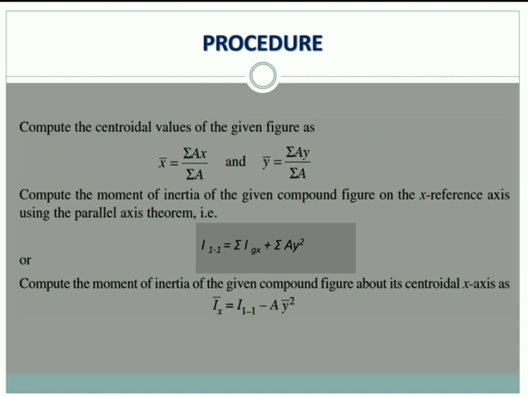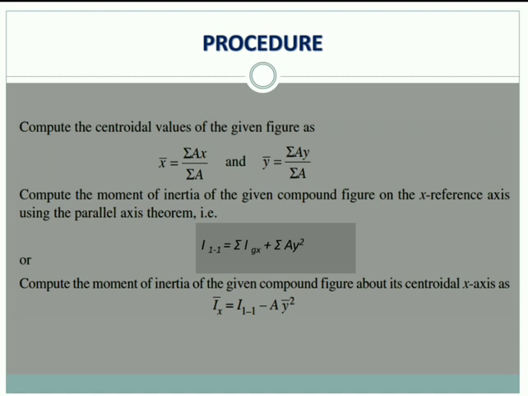So now from this you should be able to write the equation for I22. Without looking at the screen, let's see what I22 can be. I22 will be summation of Igy plus summation A x square. What changes? Instead of x, y comes, instead of y, x comes. That's the only change.